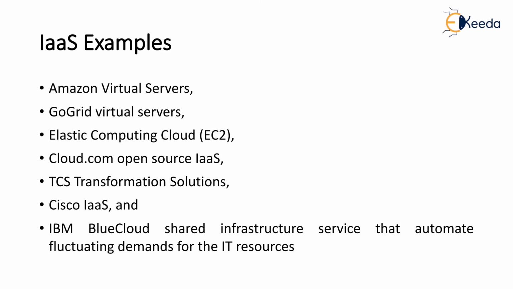So here the examples are Amazon virtual servers, GoGrid virtual servers, Elastic Compute Cloud, that is EC2, Cloud.com open source IaaS, then TCS Information Solutions, TCS Transformation Solutions, then Cisco IaaS and IBM Blue Cloud shared infrastructure service that automate fluctuating demands for the IT resources.